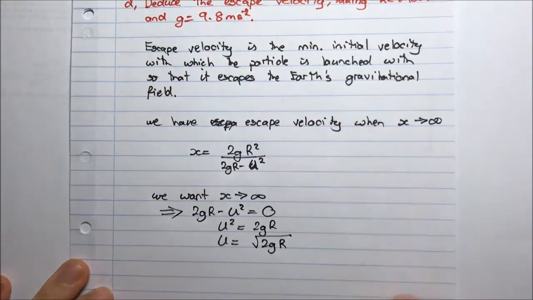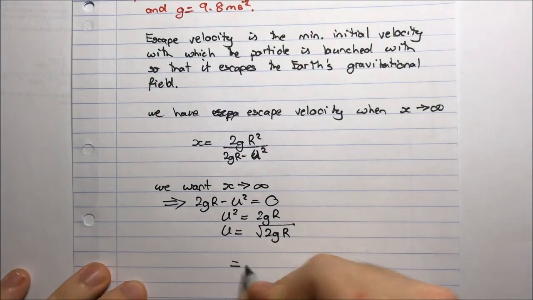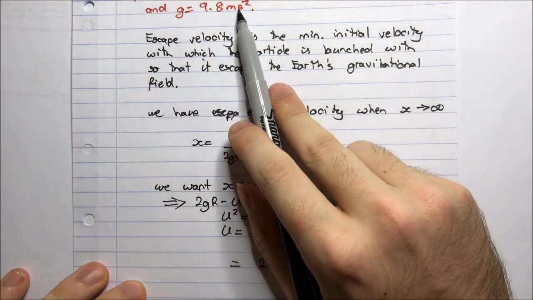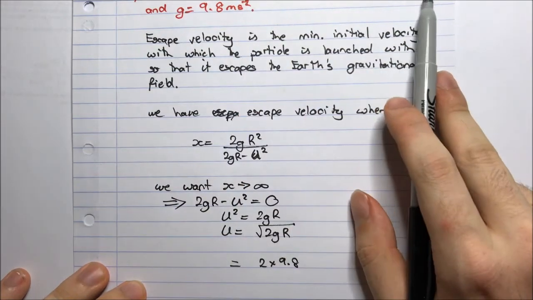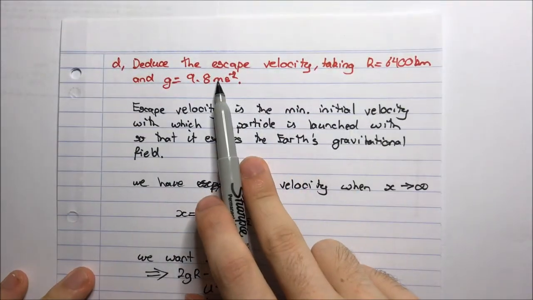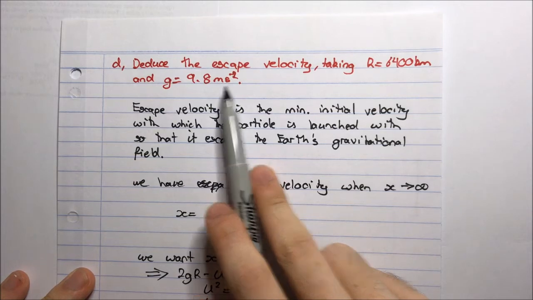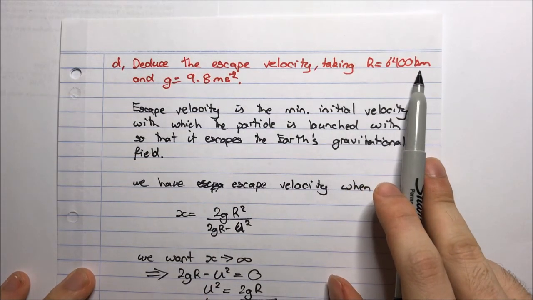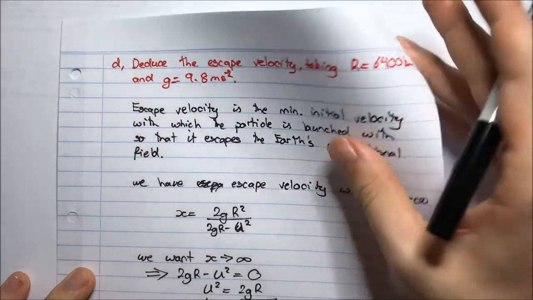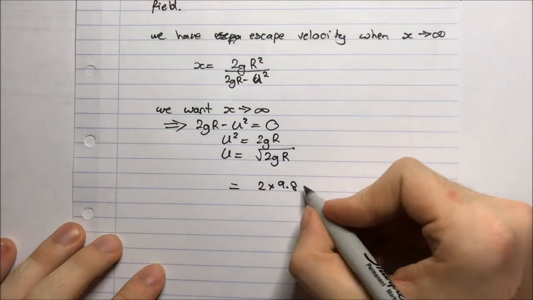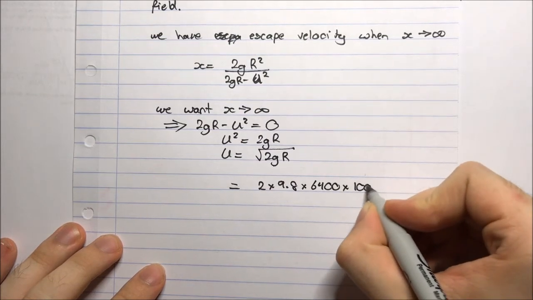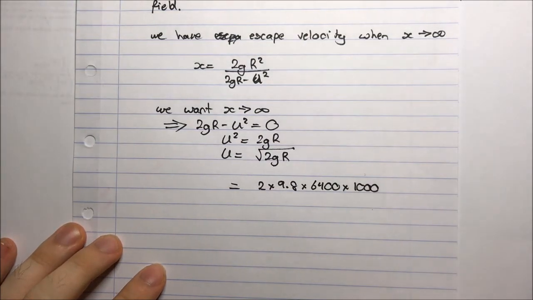And then if I was to sub these in, I would have 2 times 9.8, meters per second squared. The radius is 6,400 kilometers, so I need to change kilometers to meters, and by doing that, it's 6,400 times 1,000.